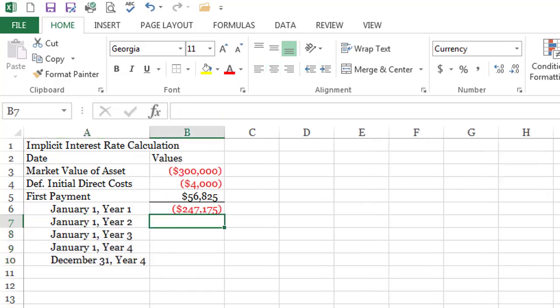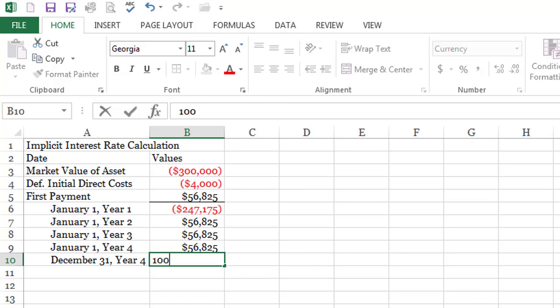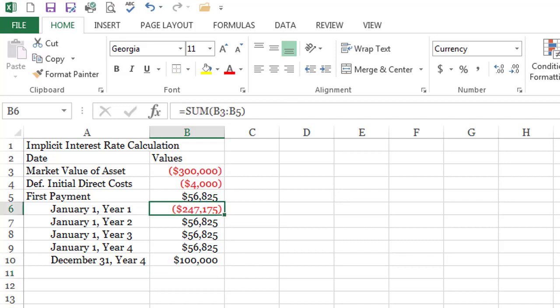So what's going to happen on January 1st each year is I'm going to get that $56,825 again. And I'm going to get it again here for a total of 4 payments by my lessee. And then at the end of year 4, I'm going to get back an asset that I think will be worth $100,000.